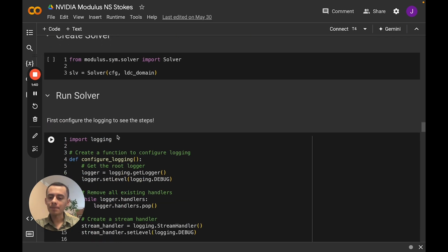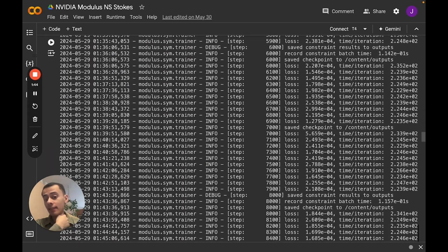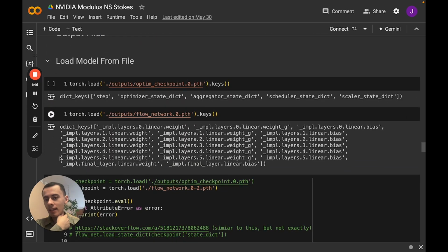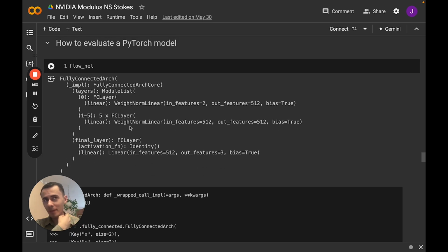And then we run the solver, and lastly, something I'm very excited about, I'm going to show you how to understand the output files and how to load the model from an output file.